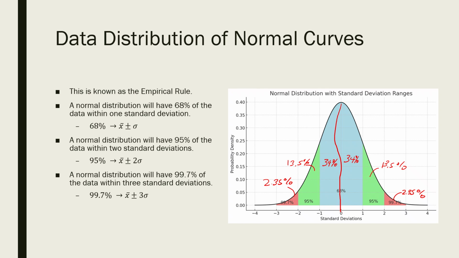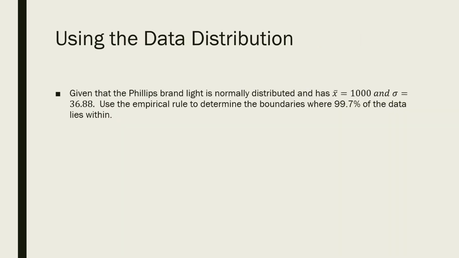We're going to do 2 examples of this on the next slide using this empirical rule, but you can also use Chebyshev's if you don't know it's normal, because Chebyshev's talks about any distribution and will give you the number of standard deviations. So, given the Philips brand light bulb is normally distributed and has an X bar of 1000 and a sigma equal to 36.88, use the empirical rule to determine the boundaries where 99.7% of the data lies.